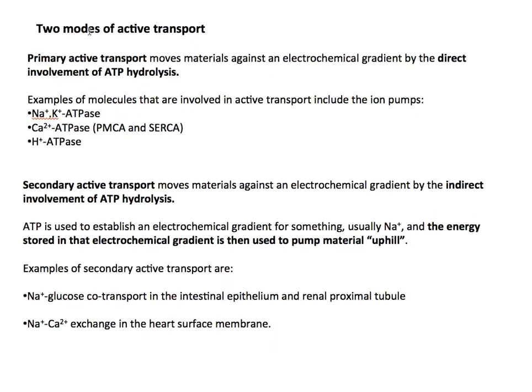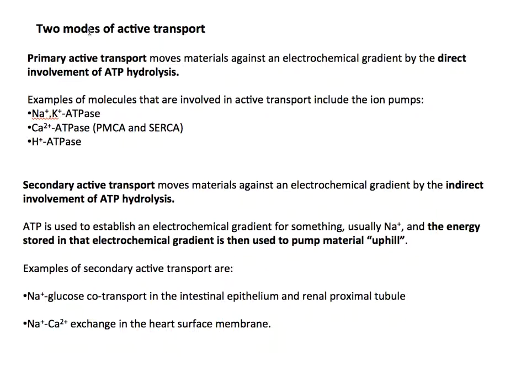All right, so under active transport, you have two different types of transport. One is primary and the other one is secondary. Under primary, you have sodium potassium ATPase, calcium ATPase, and hydrogen ATPase. You can already see that when something ends with the letters ATPase, it's very highly likely that it's a primary active transport.